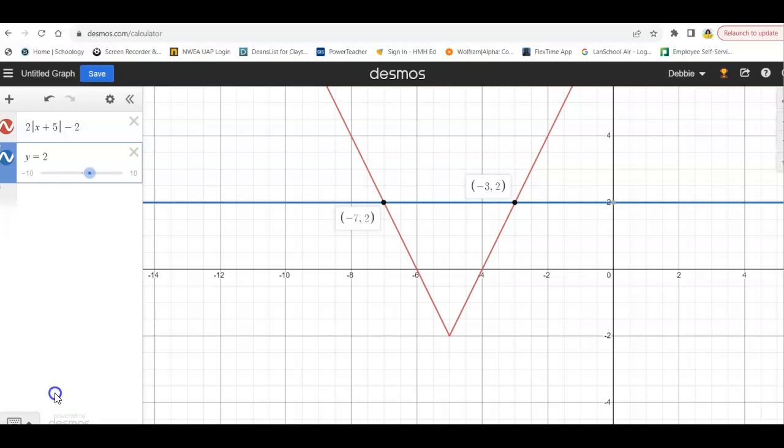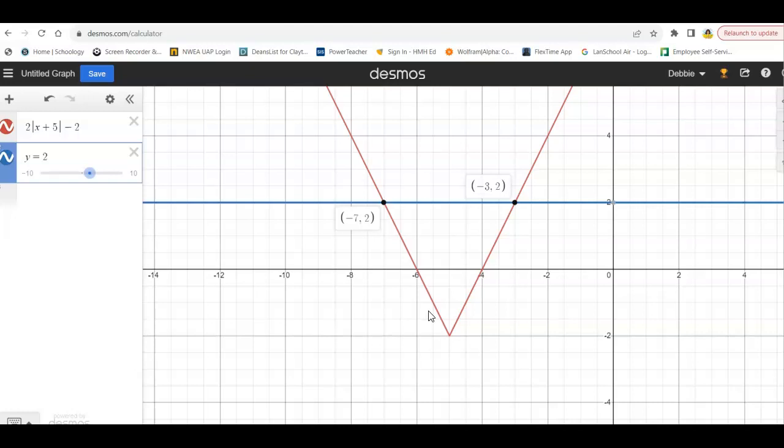Okay, Algebra 1, this video is going to cover solving absolute value inequalities. So I'm using Desmos yet again for a visual, and we will be switching back and forth to pencil and paper to actually walk you through this procedure.